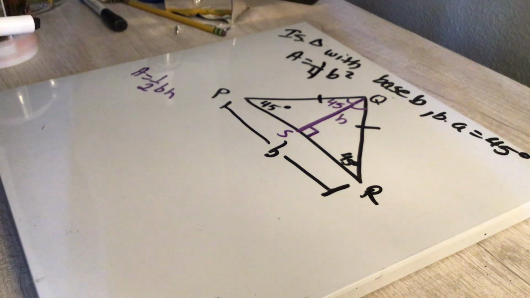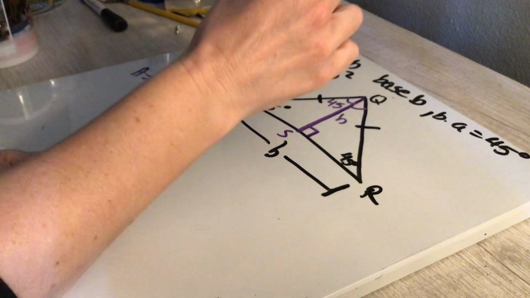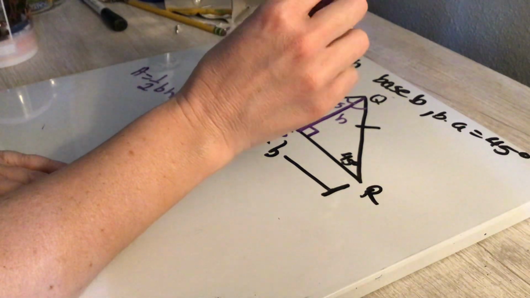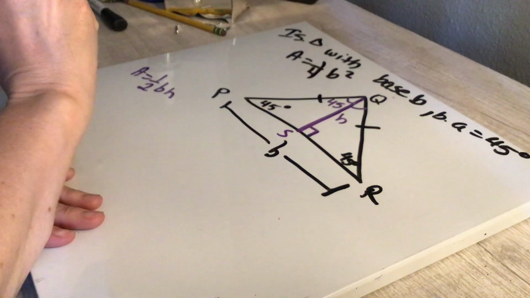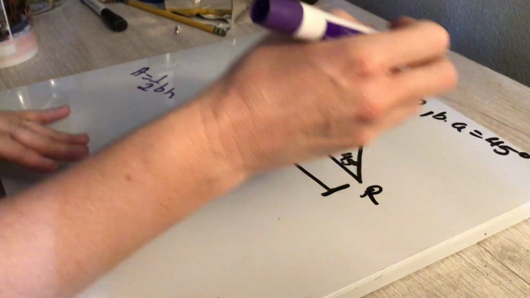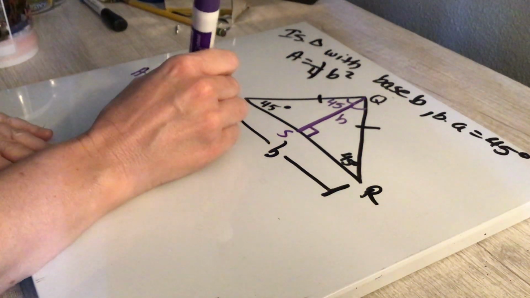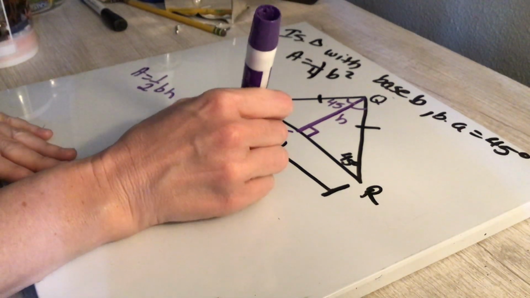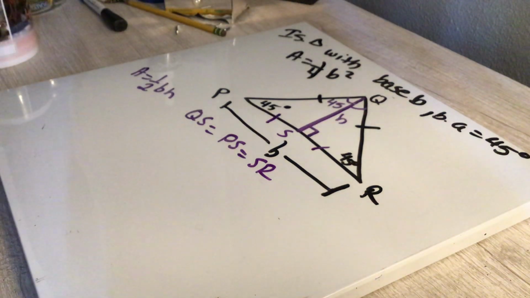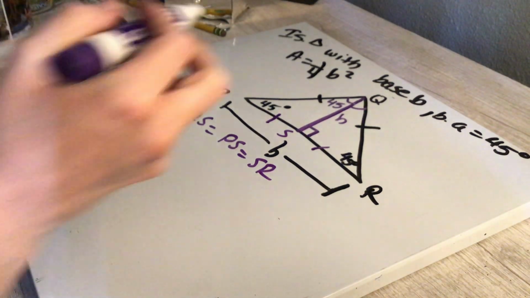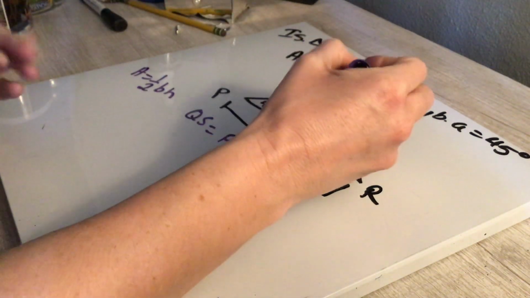All right. So that tells us that QS, which is the height, and PS are going to be the same, and SR. Okay, so QS, PS, and SR are now going to be congruent. Okay, because it's a 45, 45, 90 right angle.